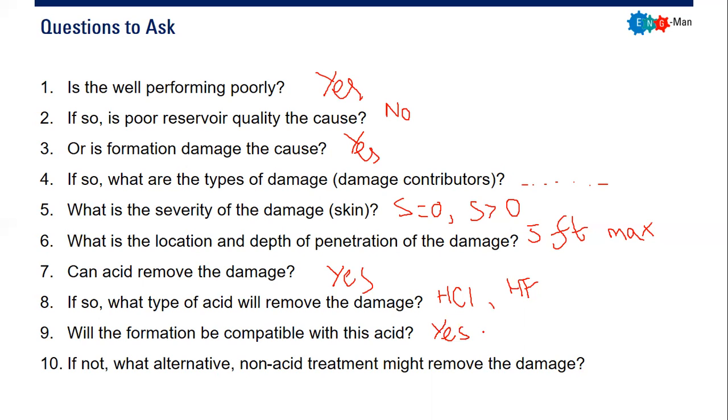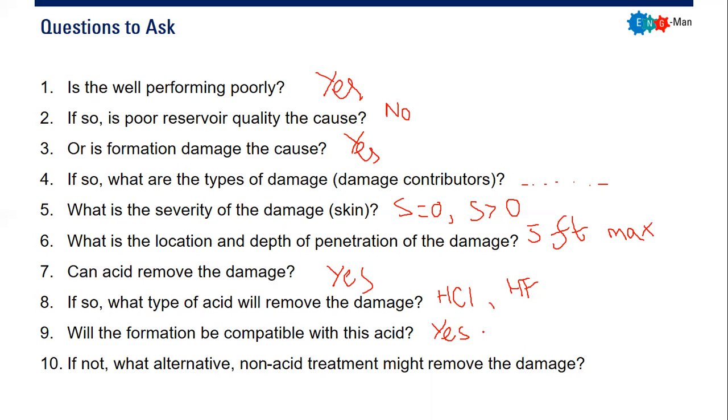And if not, what alternative or non-acid treatment might remove the damage? Yeah, if you have another kind of treatment that is non-acidic, then you can use that in the first place. Okay, if mechanical treatment can do the job, then you should do that before performing acidizing.